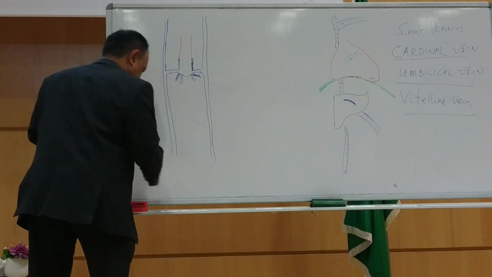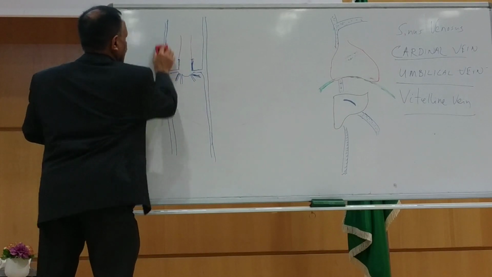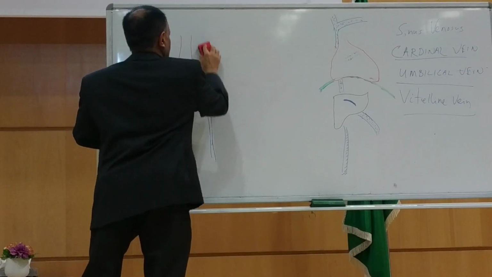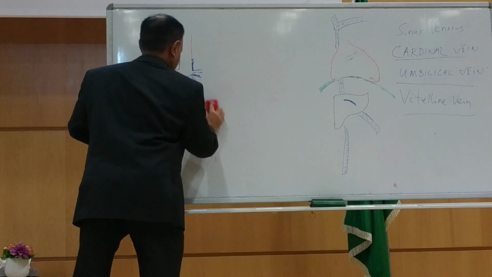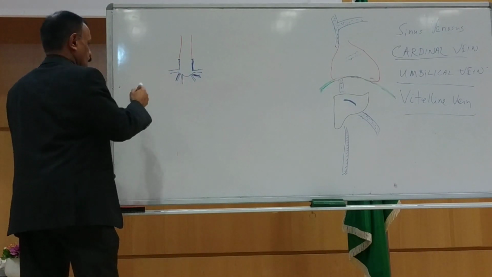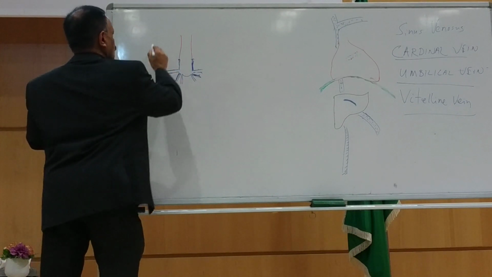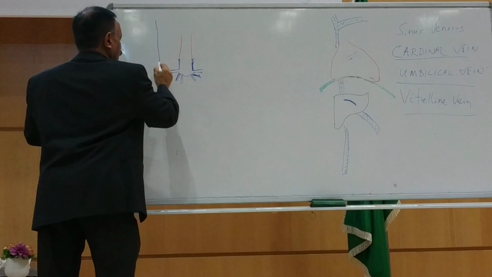So I actually need to draw the same one, but a little bit wider, so that it will be easier for you when I draw the other thing. I'm just expanding it a little bit.